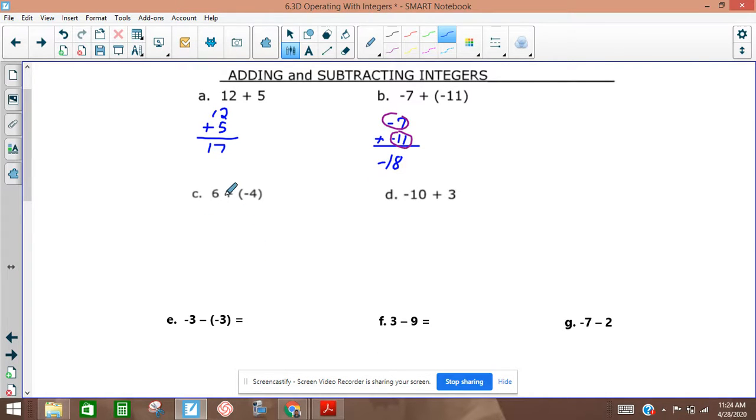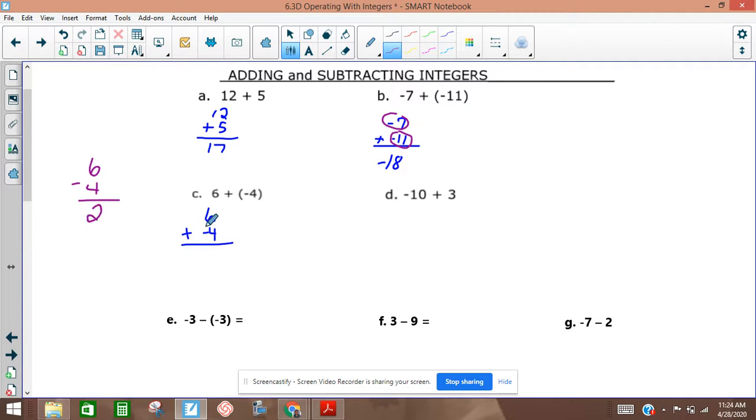So moving on. Now I have a 6, and we're adding a -4. In this case, we have different signs: this one is positive, this one is negative. So we're going to subtract 6 minus 4, and the answer will be 2.